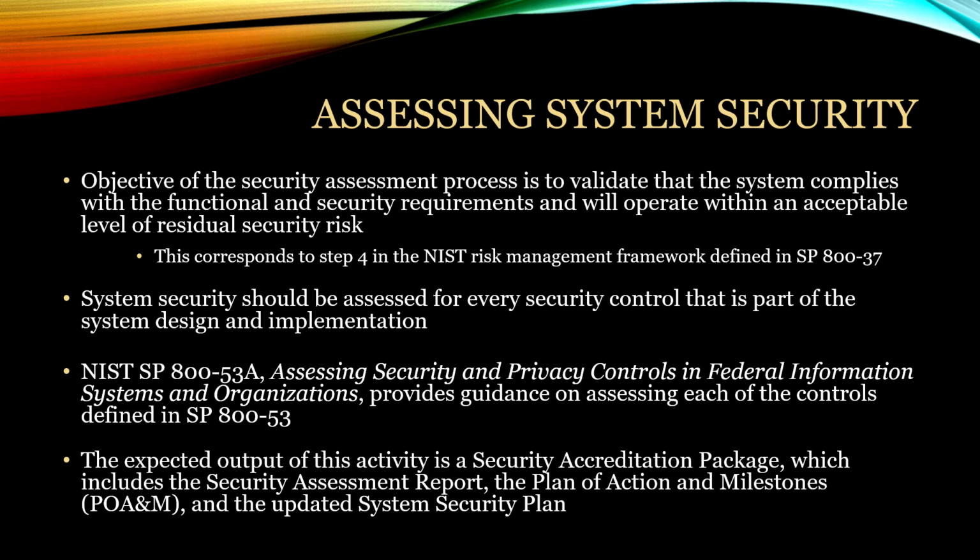And again, that's going to be assessments, vulnerabilities, plans of actions, milestones, and appropriate controls lining up to the scope of the project and requirements of the project, ensuring that all actual measures have been put in place and then verified and then validated. The objective of this assessment process is to validate the system complies with the functional and security requirements and operates within the acceptable limit of residual risk that was identified at the beginning of the process.